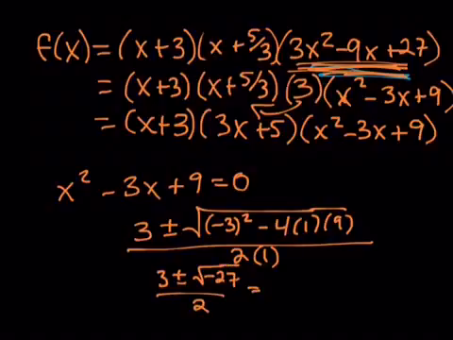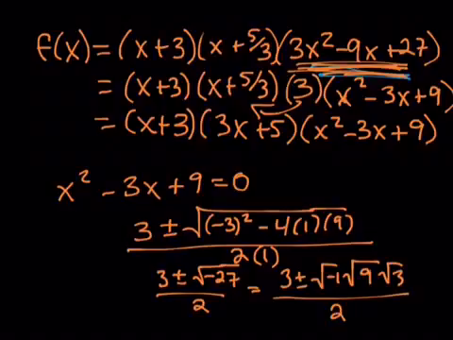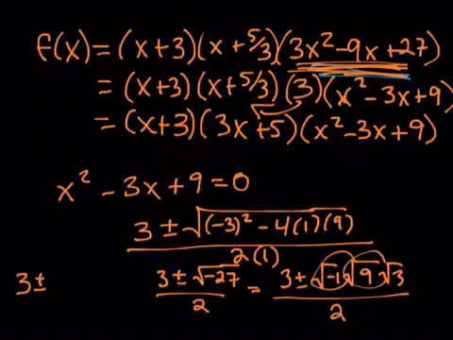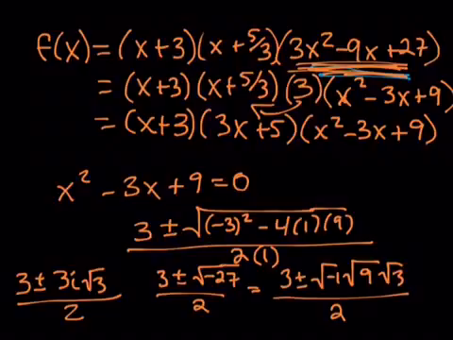over 2, and that's 3 plus or minus square root of negative 1 times square root of 27, which is square root of 9 times square root of 3, and then square root of 9 becomes 3, and square root of negative 1 becomes i. So there would be two roots, 3 plus or minus 3i square root 3, and all of that over 2.